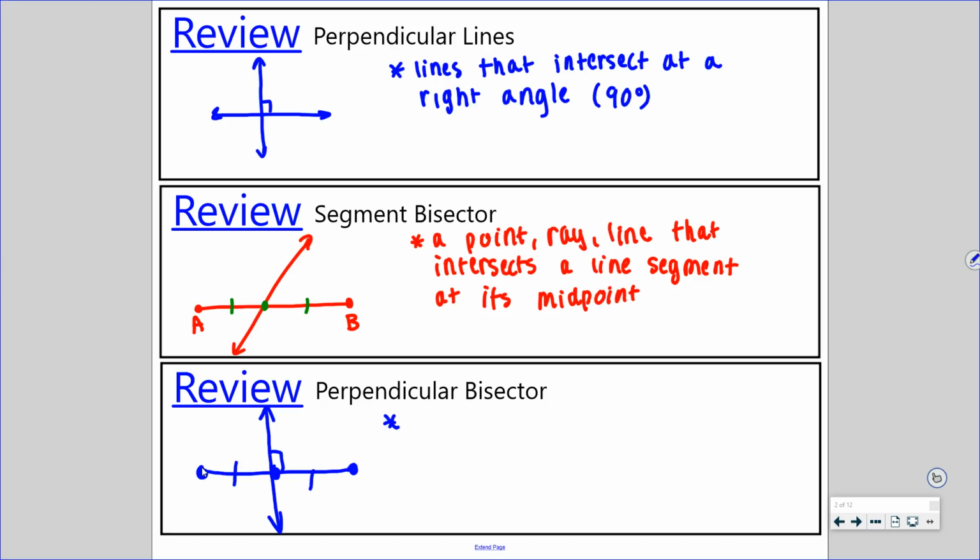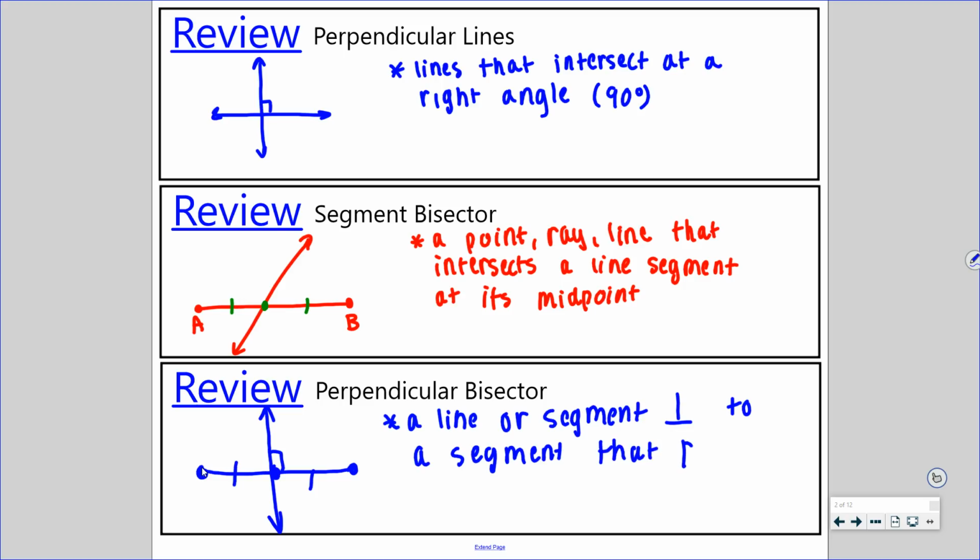So, nice job. A line or a segment perpendicular to a segment that passes through the midpoint of the segment.